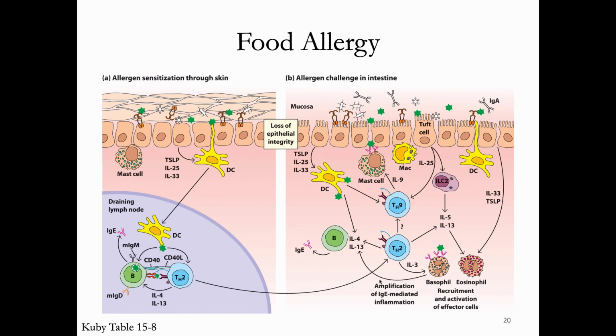And so the idea that I want to get at here with this slide is that perhaps if the first time you ever saw that antigen was in the intestine, perhaps you would have oral tolerance happen. But if you first saw it, say, in the skin, you would induce an inflammatory T cell response, and then you might end up with the food allergy whenever you eat that as well.